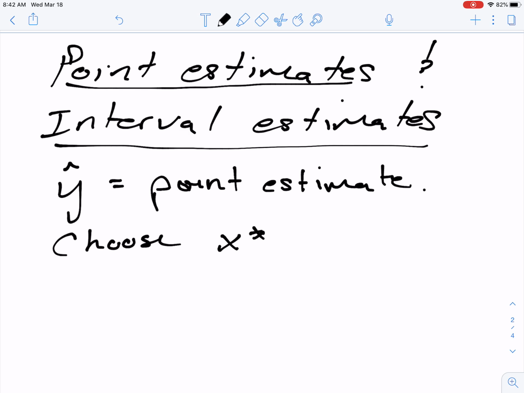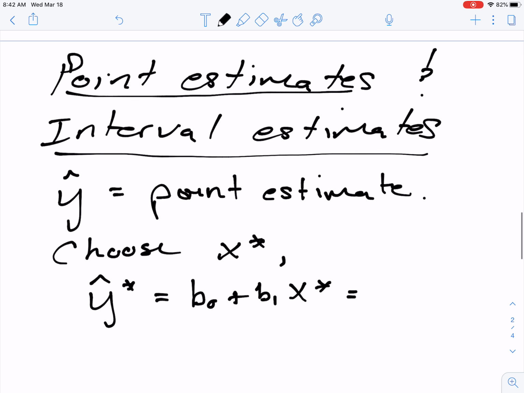We always have to pick that. We have to pick the x we're going to stick into the equation to guess the value of the dependent variable. So then once we choose x star, then y hat, maybe we'll call that y hat star because it's the y hat that is associated with x star, will equal b naught plus b1 x star. So we're just sticking that special value of x that we picked into our equation, and that's going to be our point estimate.